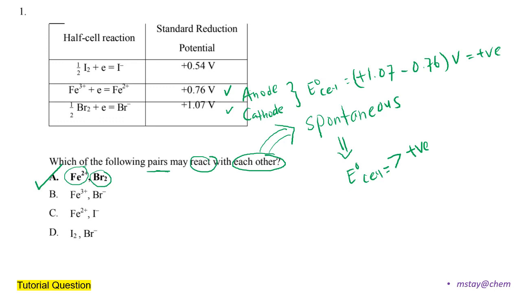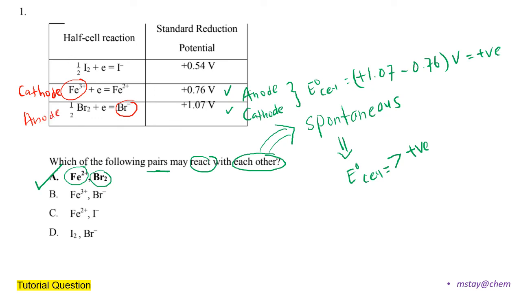Then now we look at pair B. Fe3+ is the reactant, which means it is going to undergo reduction. So in this case, Fe3+ is the cathode, and Br- is the reactant, which will become Br2, so it is the anode.